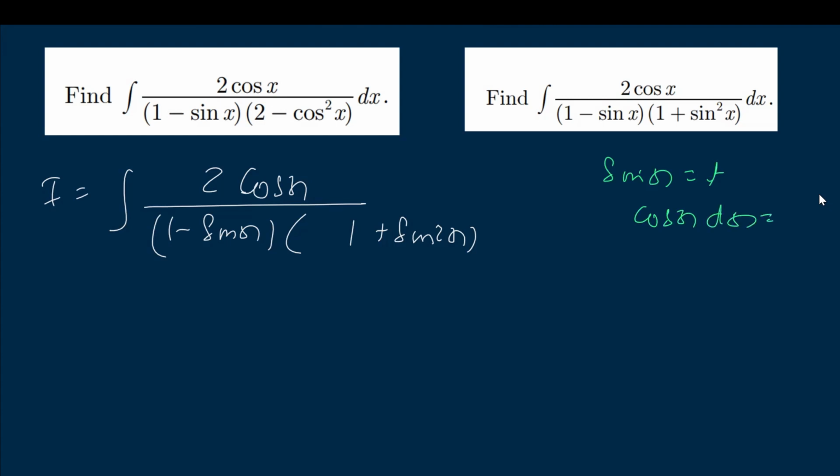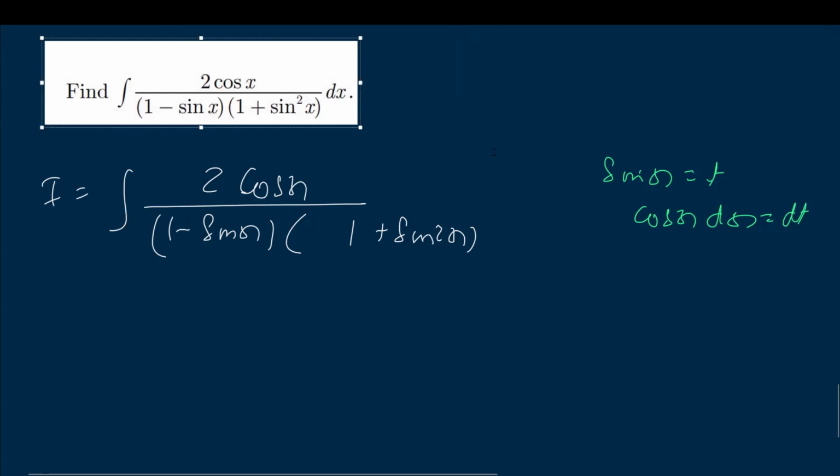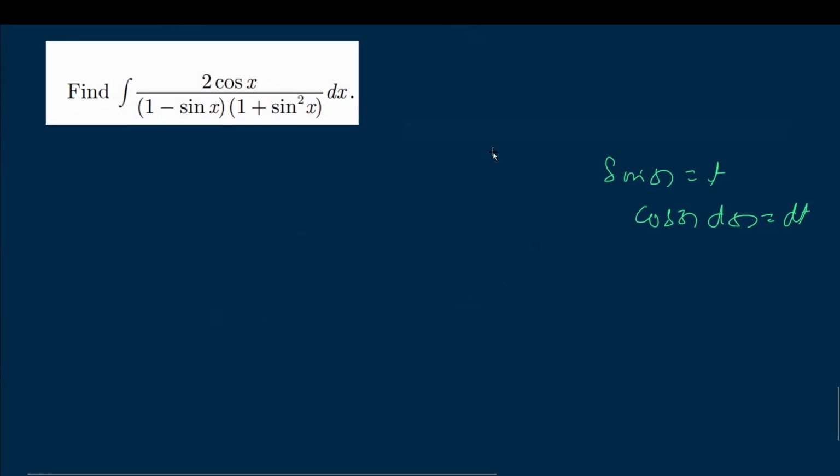cos x dx is equal to dt. So now our question is going to be transformed over here. So I can simply erase one of them and place this over here. And since we have done this part, we can straight away write from here only.